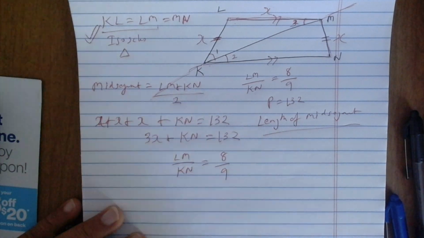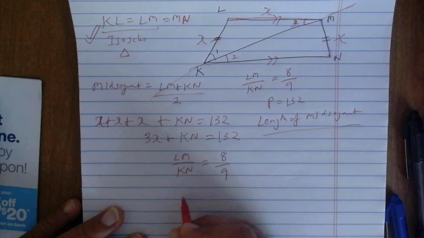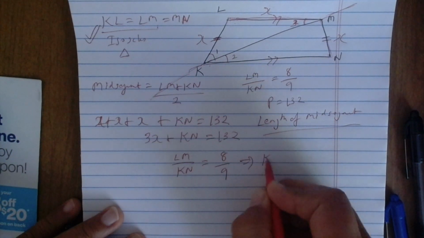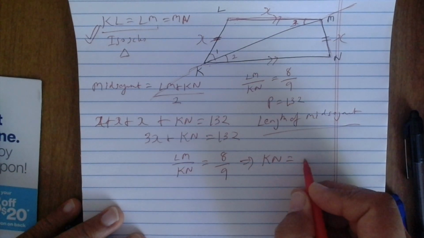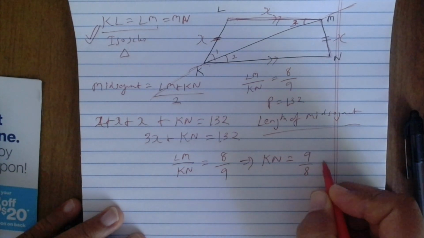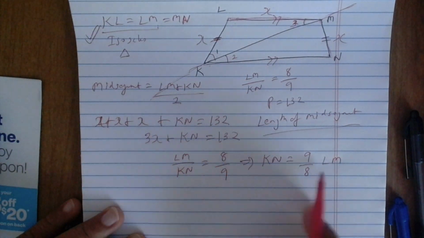If LM is X, cross multiplying, KN shall be equal to 9 into LM divided by 8.